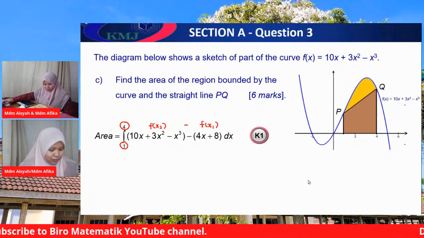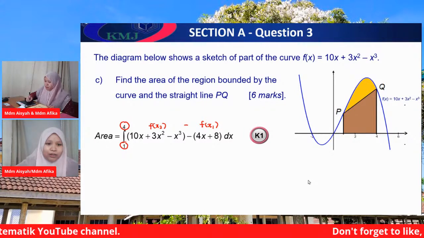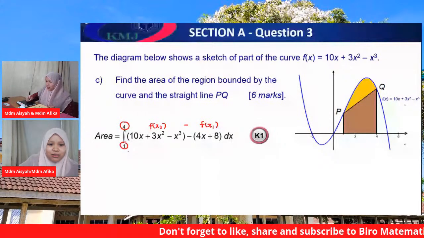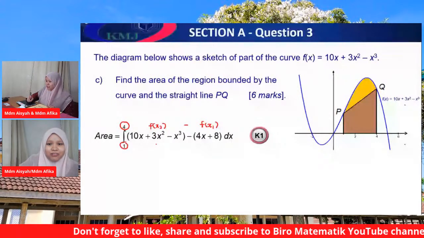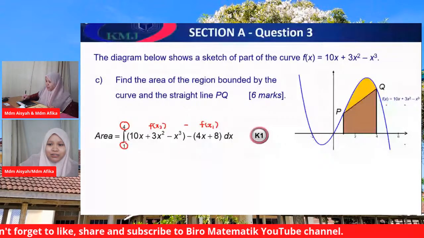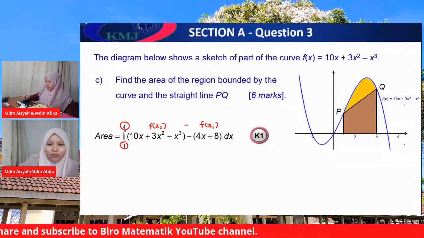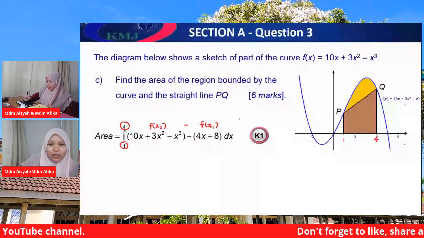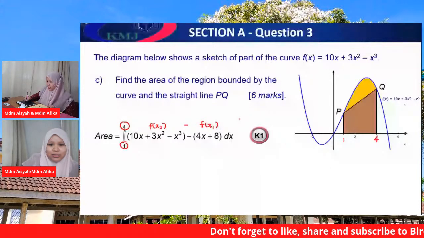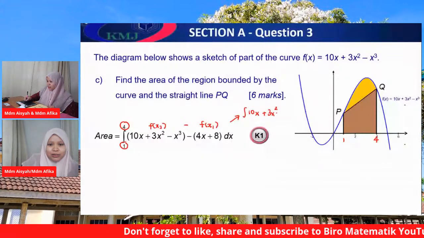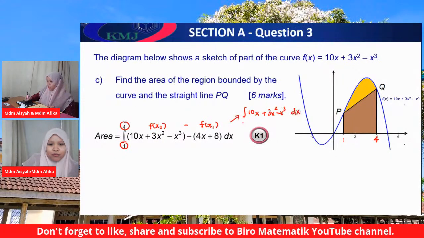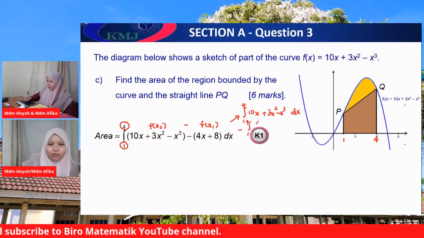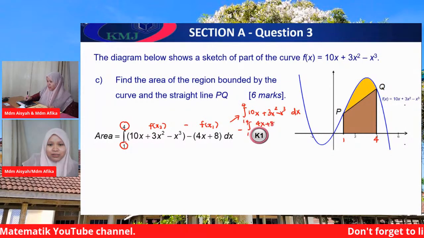Then, from part B, we have the value of the integral of the area under the curve from 1 until 4. So this one we can separate: the integral from 1 until 4 of f(x), minus the integral from 1 until 4 of 4x plus 8 dx.